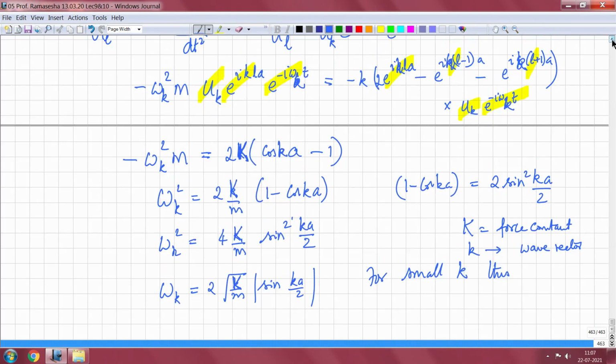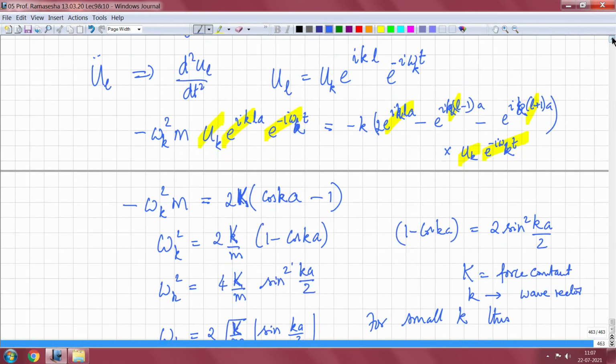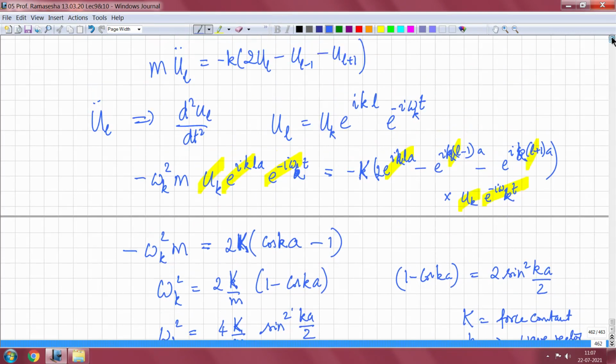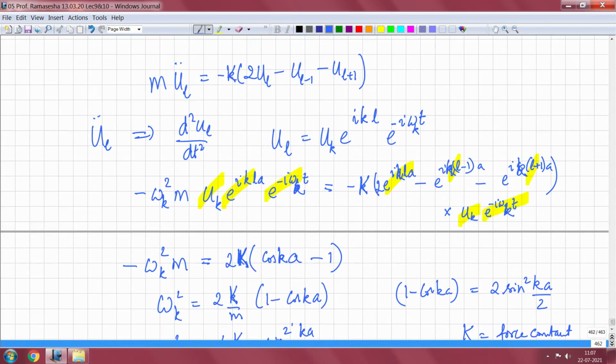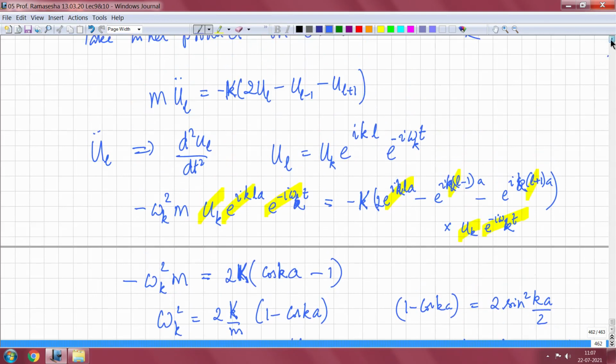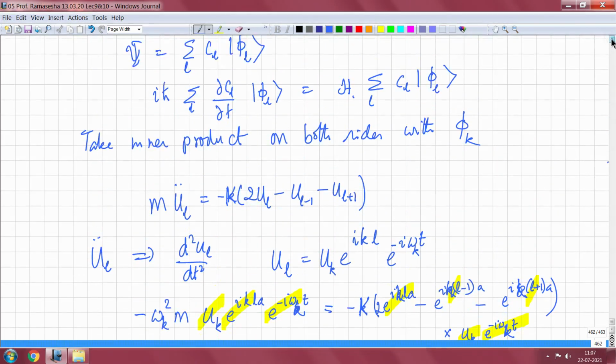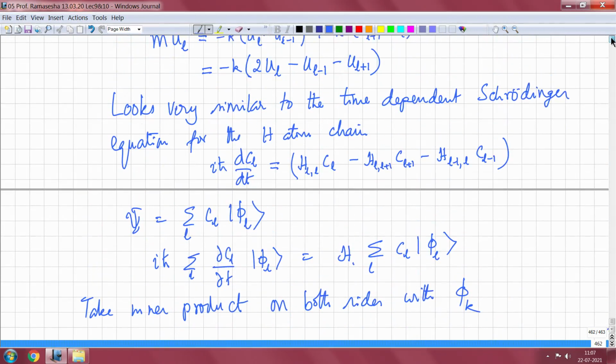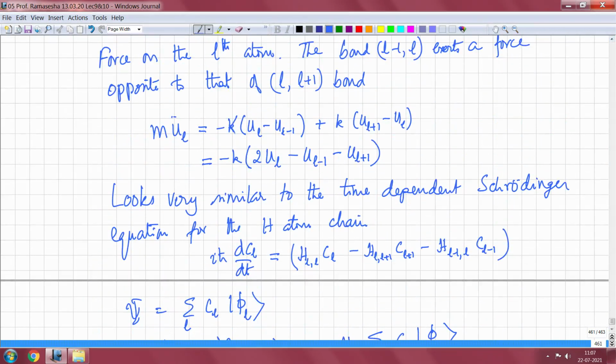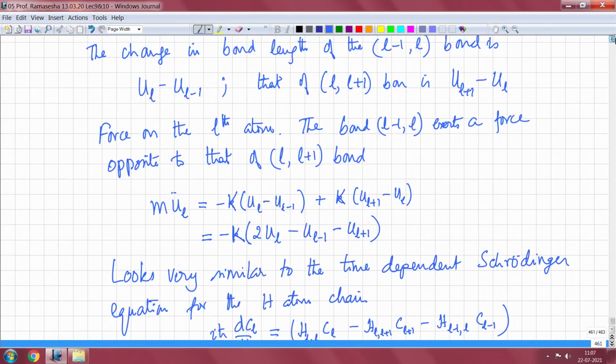So let me see whether there is any more place where I have messed up. This should be capital K, and this should also be capital K, capital K, capital K. I guess I have covered all the places.